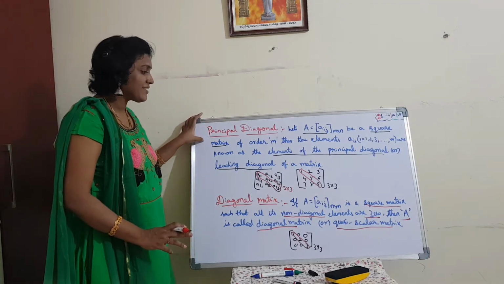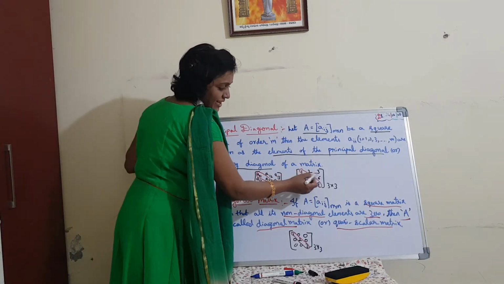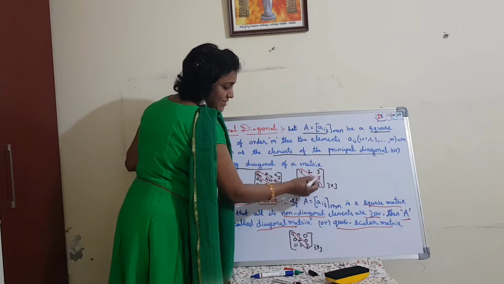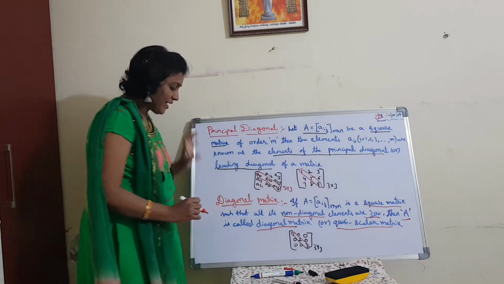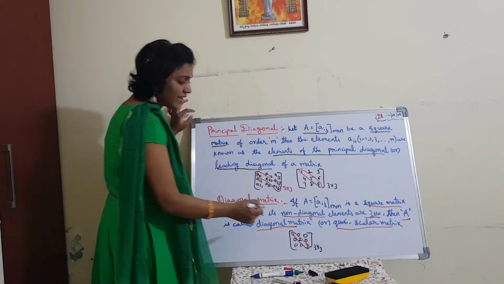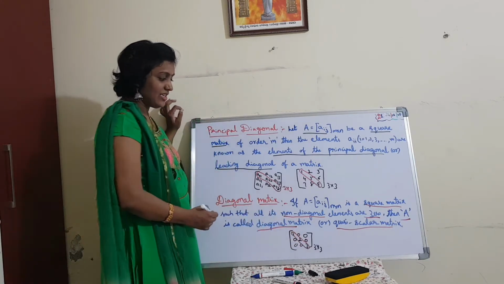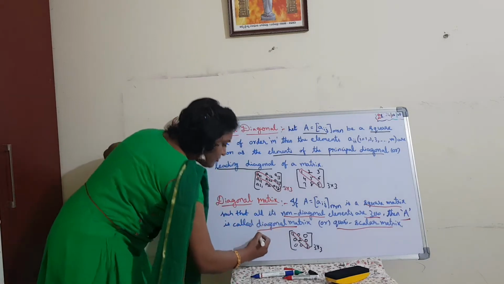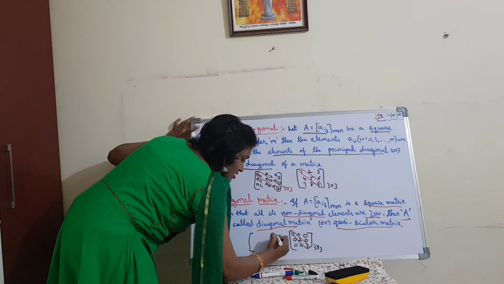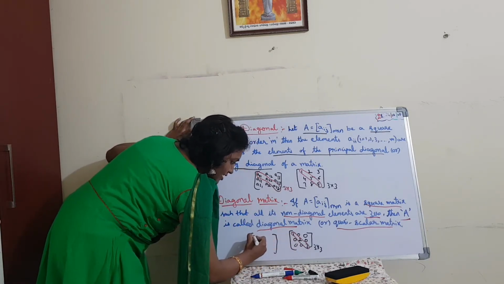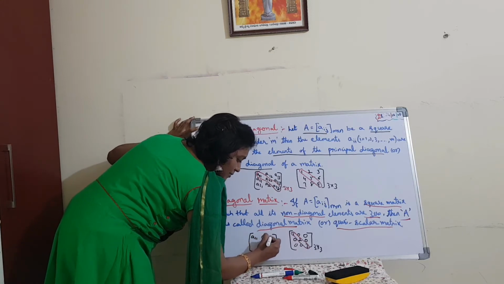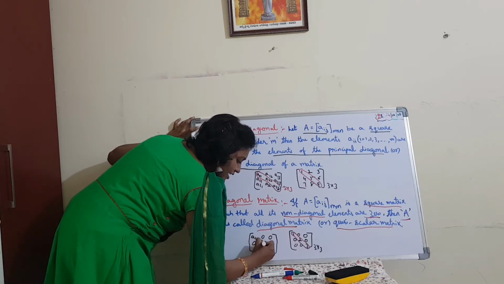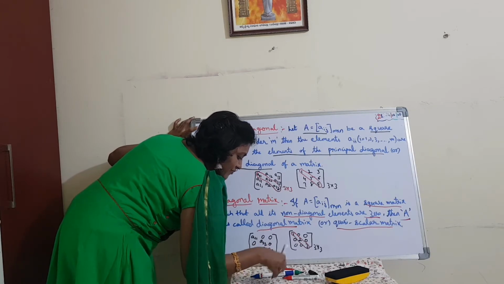In a principal diagonal, the other elements can have values. But in a diagonal matrix, non-diagonal elements are 0. I will tell in the form of elements. The first one is a11. Next one must be 0. Here 0, a22, 0. 0, 0, a33.